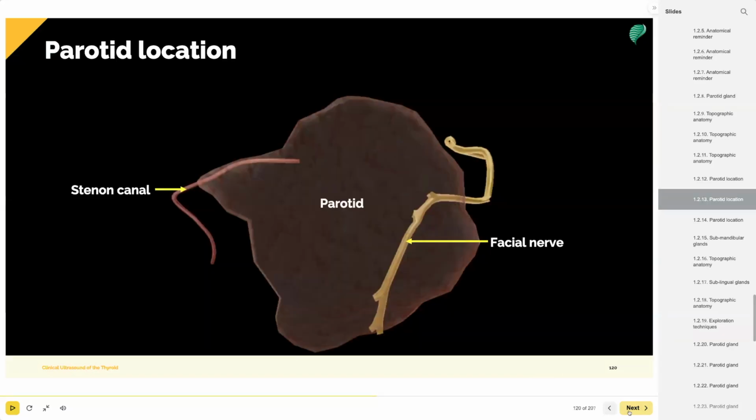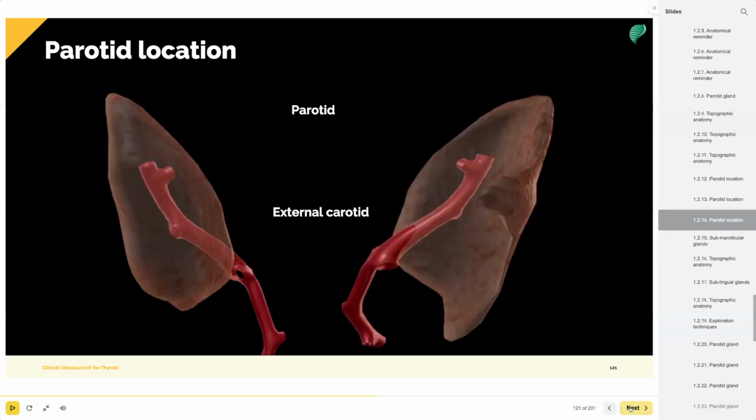This is another view of the facial nerve, the parotid, and the Stensen canal. This is another image of parotid location in terms of where it is located with the external carotid arteries.